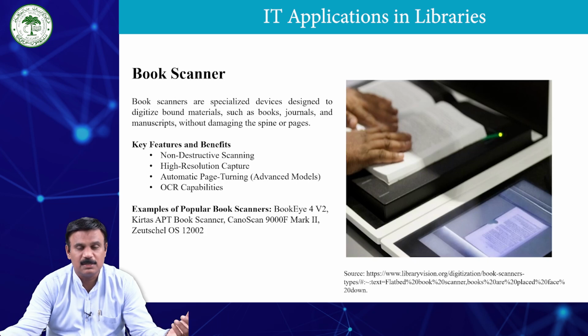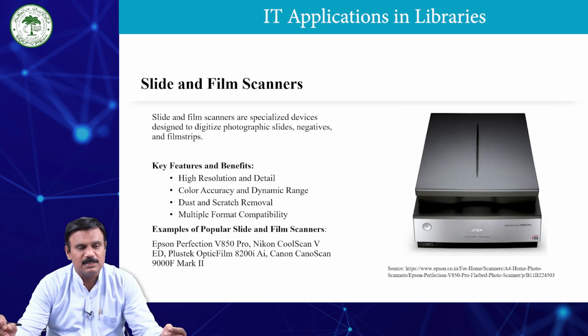We have different scanners in the market, for example the Book-eye V2 scanner, Kirtas APT book scanner, CanoScan 900AF Mark II, and similarly the Shushel OS I2002. We have other scanners too: slide and film scanners.